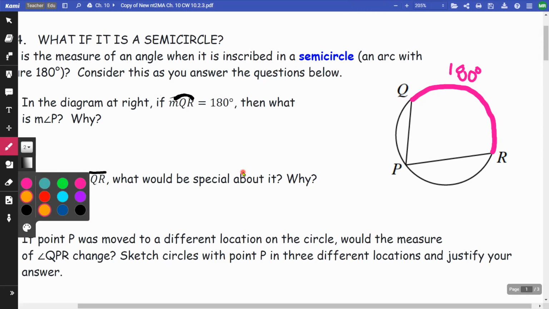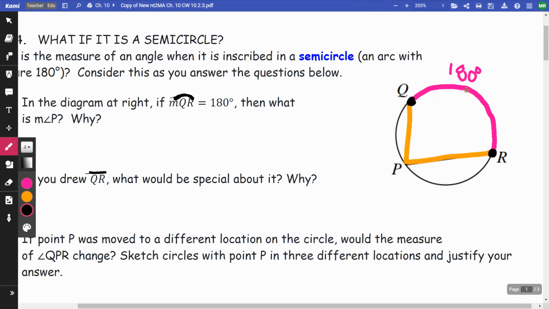So the measure of angle P is right here. It is an inscribed angle that intersects the circle at Q and R, forming this intercepted arc with a measure of 180 degrees. When you have an inscribed angle that forms an intercepted arc, it is half the measure of the arc.